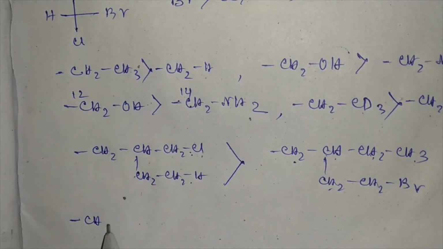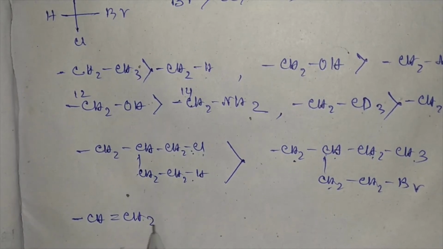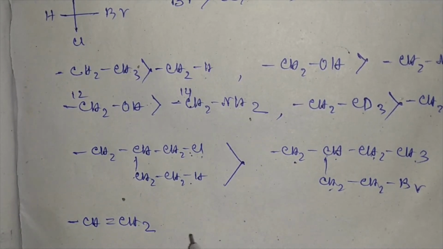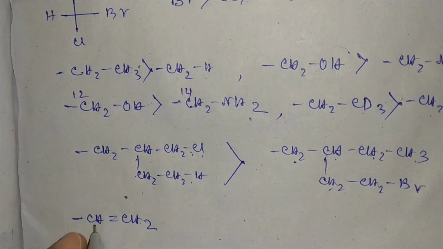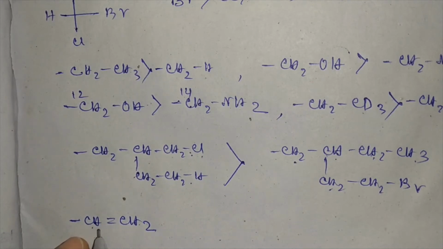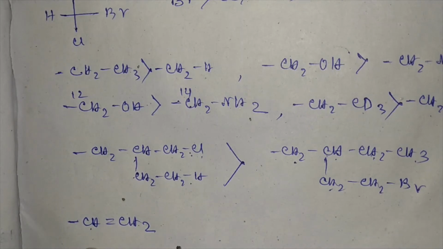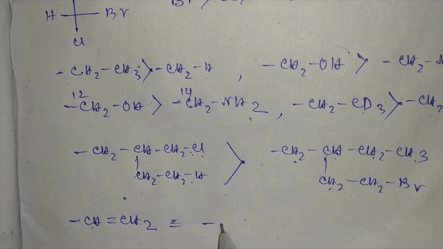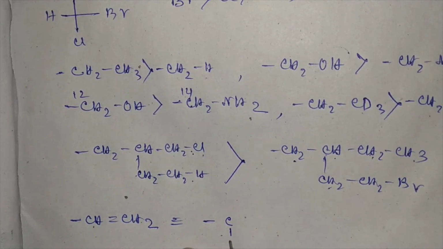In case of a double bonded group, we have to assume a phantom atom connected to the bond, and it will replace the double bond with a single bond. Thus we will represent this group in this way.